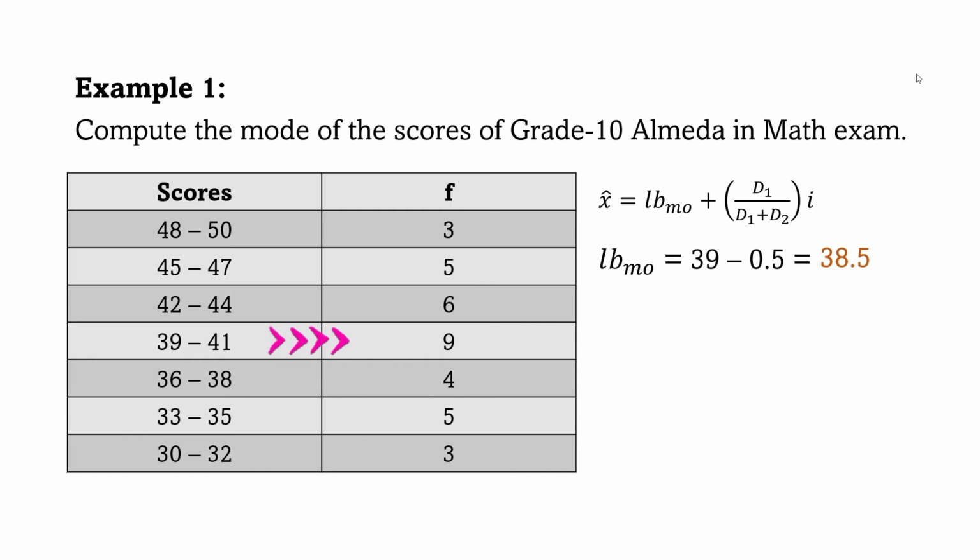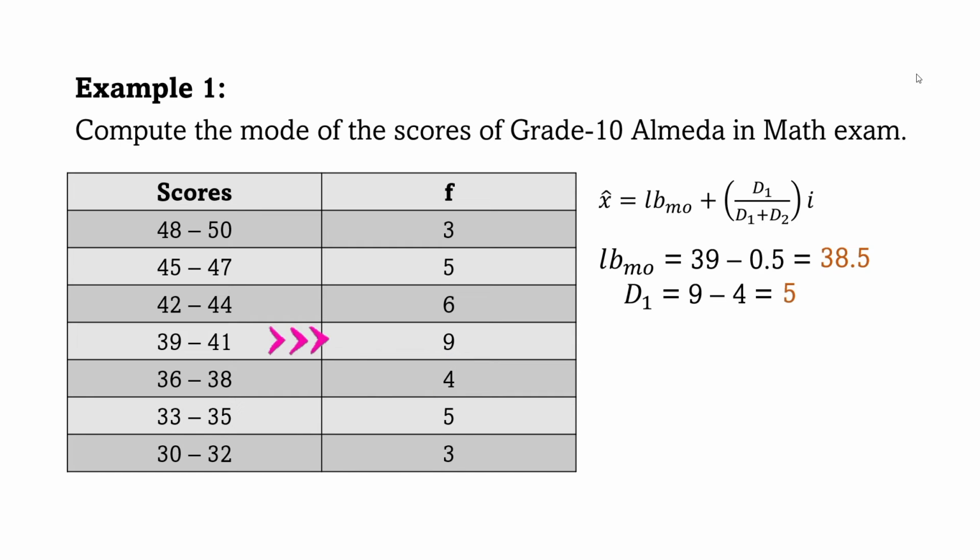So next, let's find the D1. So para makuha ito, isubtract lang natin yung frequency ng ating modal class sa frequency before our modal class. So ang frequency ng ating modal class is 9 and isusubtract by the frequency before the modal class, which is 4. So we have 9 minus 4 is equal to 5.